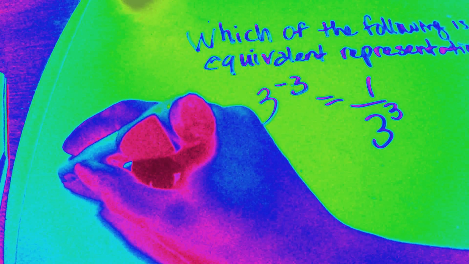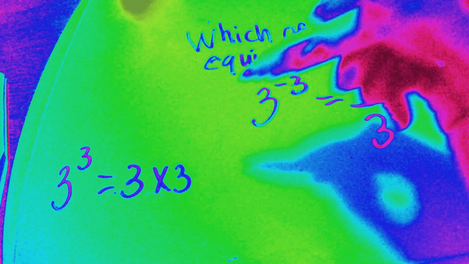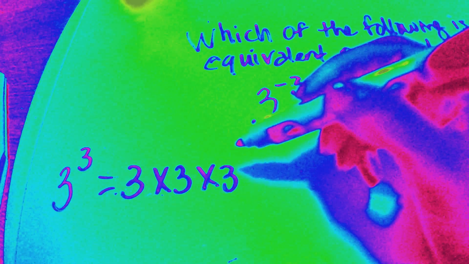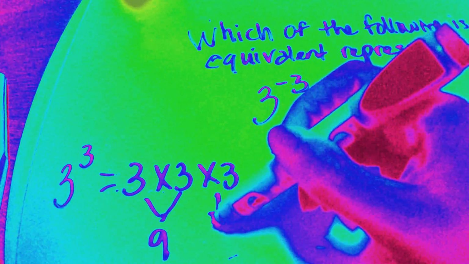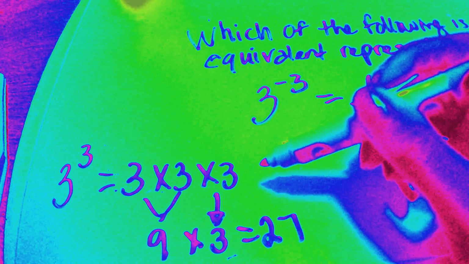So 3 to the third power equals 3 times 3 times 3. 3 times 3 is 9. 9 times 3 is what? 27.